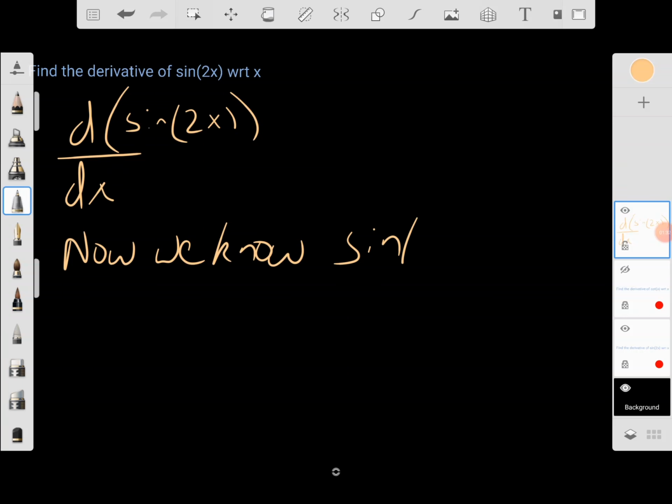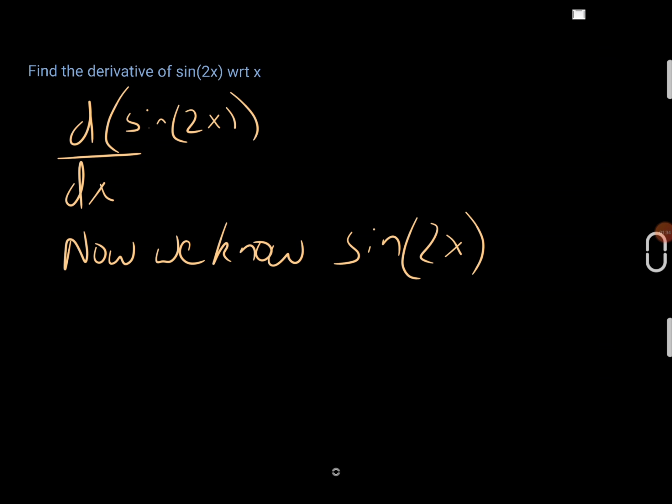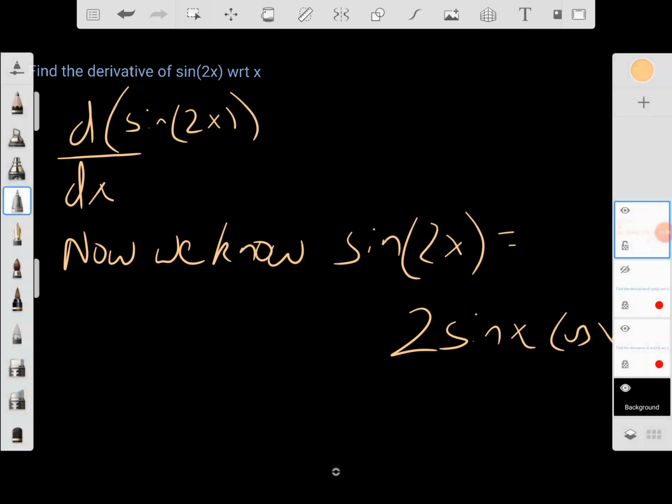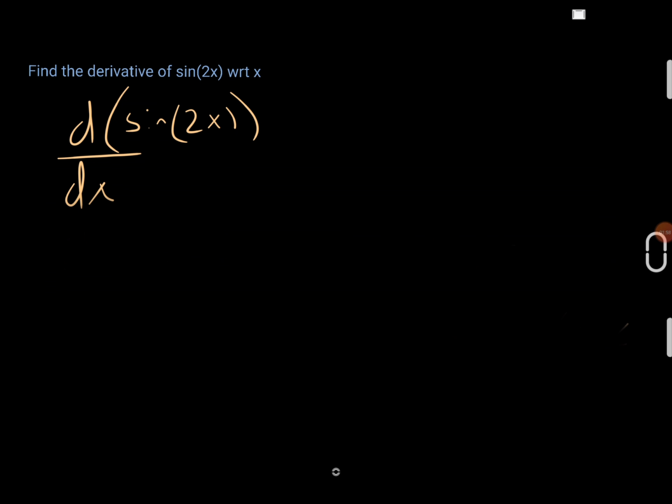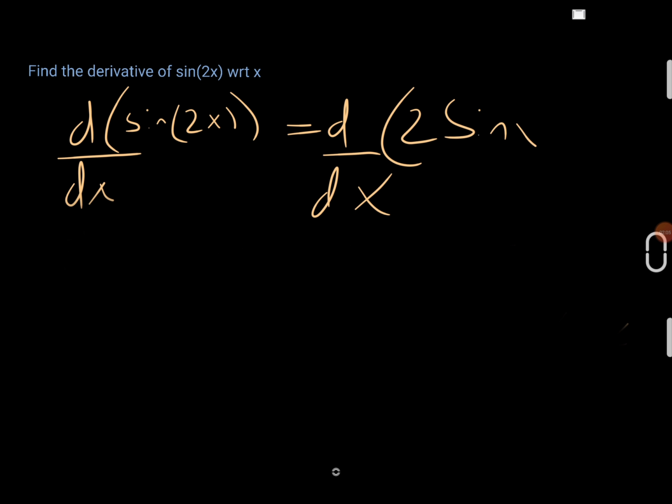Sine of 2x is equal to 2 sine x cos x. We know that much, so we will do that. You should write this thing, but I want space to write, that is why I'm taking that off. So doing that much, we can write this as d by dx of 2 sine x cos x.